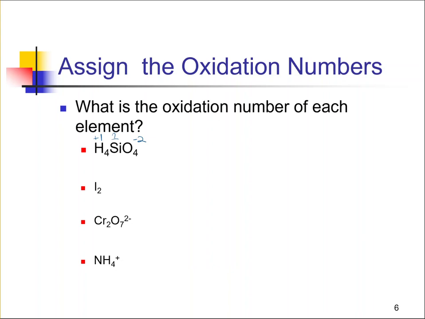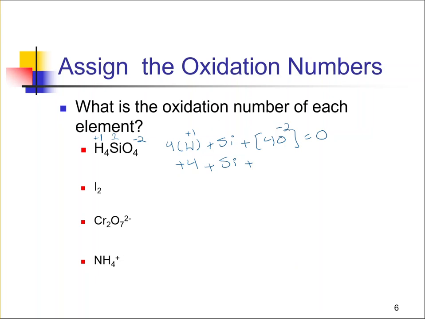H4SiO4 is a neutral compound. So our rule states that the sum of the oxidation numbers should equal the charge. What that means is that the oxidation numbers of 4 hydrogens, plus 1 silicon, plus 4 oxygens should equal 0. Now, the oxidation number of each hydrogen is positive 1, so we will have a positive 4 from 4 hydrogens, plus silicon.